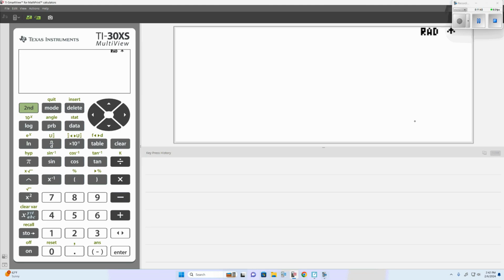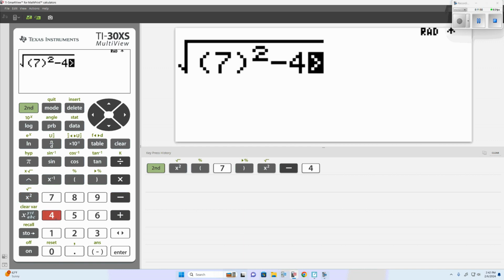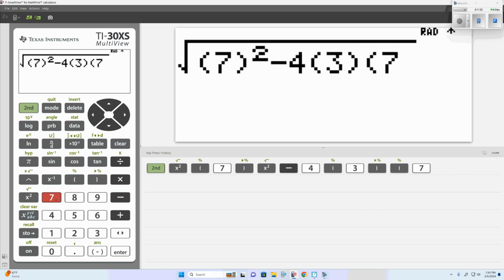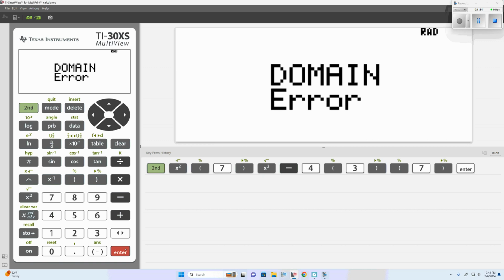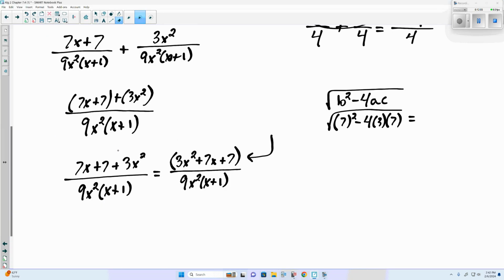Now if this gives us an integer... 7 squared minus 4 times 3 times 7 gives us a domain error, which means whatever's inside the radical is negative. So domain error, this doesn't work. It tells us that 3x squared plus 7x plus 7 is not factorable.